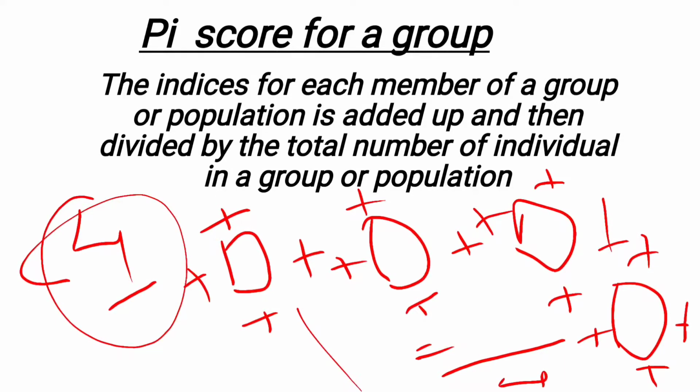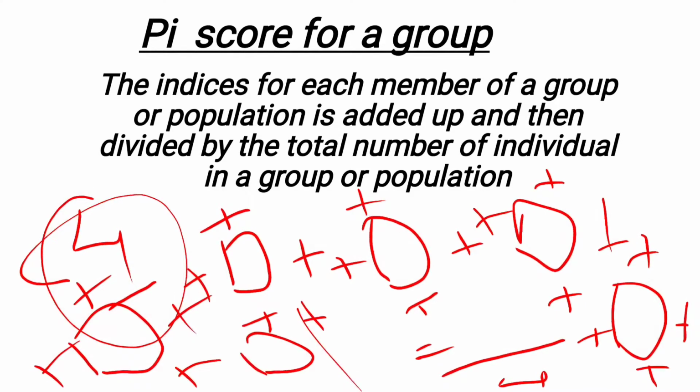Or else if we are going to examine 6, then we are going to examine all the 4 surfaces of these 6 teeth, and then add the surfaces and divide by 6. Then the final score is the score for the plaque index.